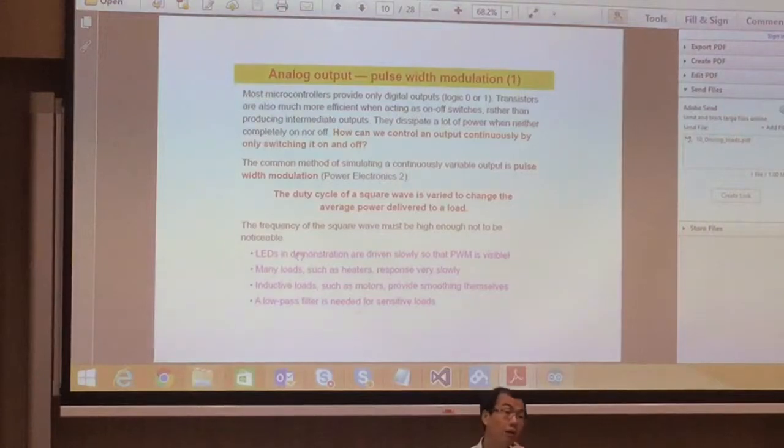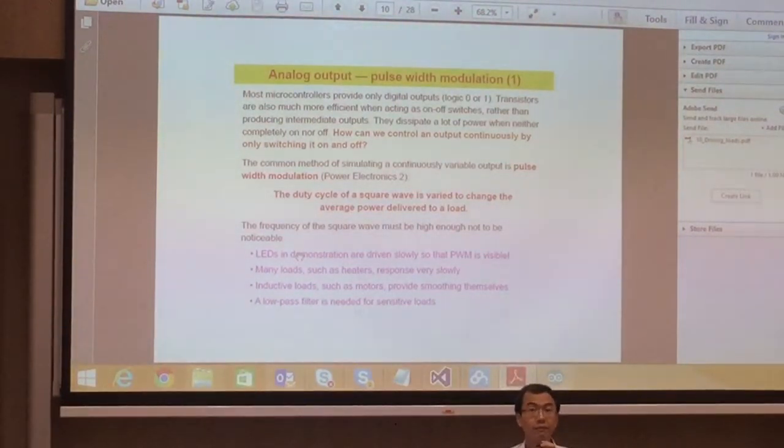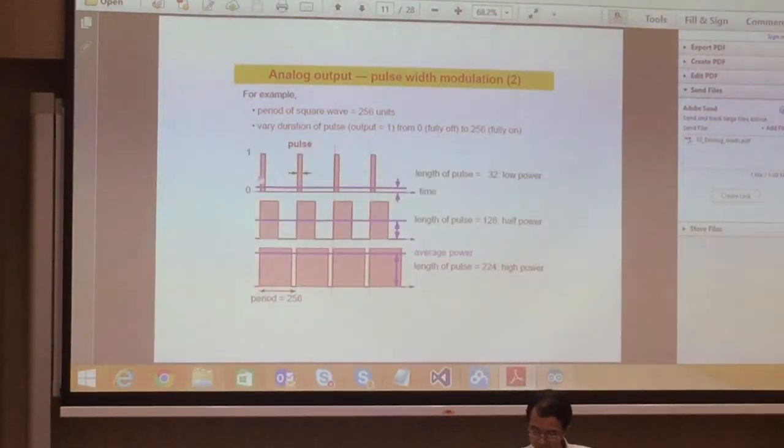Now the next question you may ask me: if I use this kind of pulse to control my LED, for this part my LED is on, and for this part my LED is off, so I might notice the LED being turned on and off.